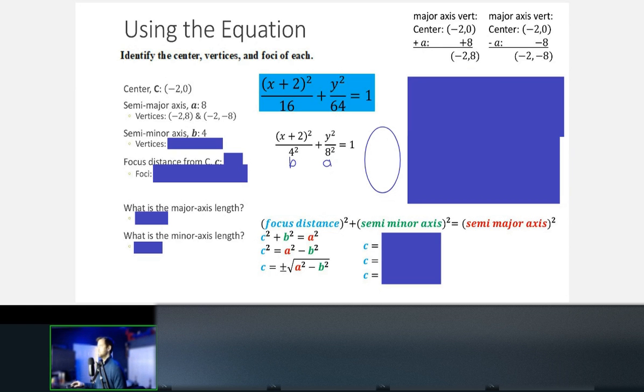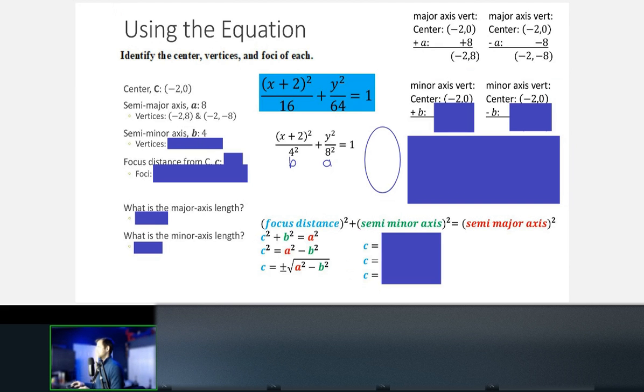All right, now for the semi-minor. So remember, the minor is the shorter. So we're going to be going left and right. From the center, we go left and right 4 units because 4 is half of the distance. So in the x direction, we are going +4 and -4.